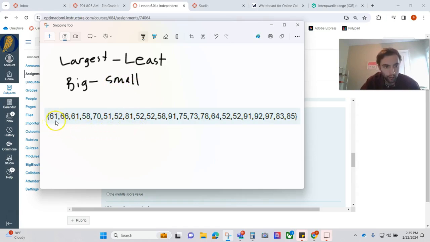So let's find the lowest number. Oh, 58. Oh, not 58. 51 is the lowest. Is 51 the lowest? 52, 52, 52. Okay, 51 is the lowest. 51 is the minimum.